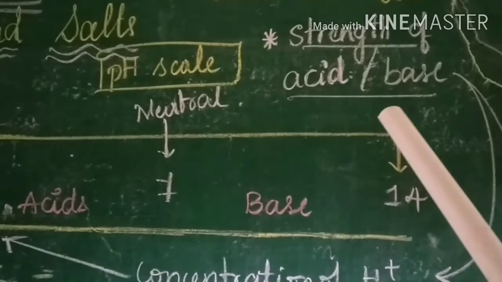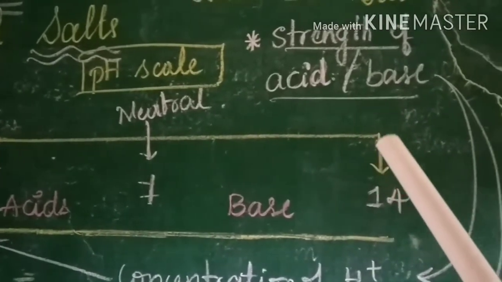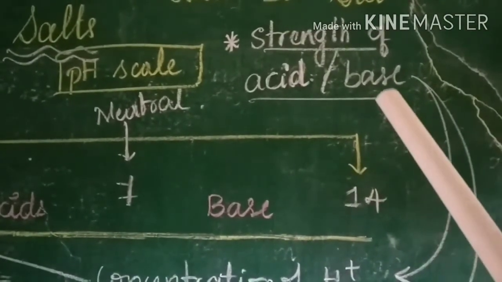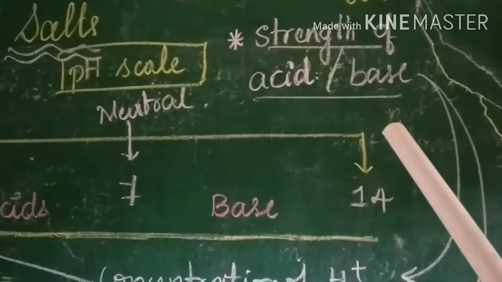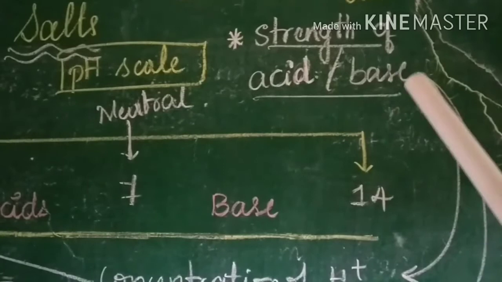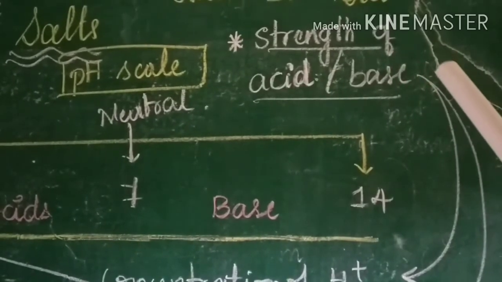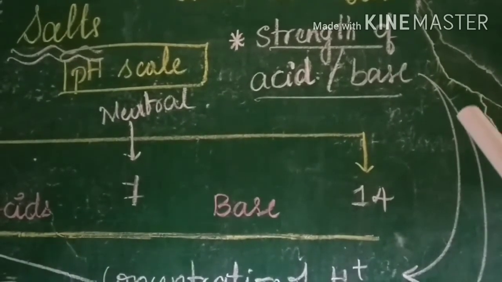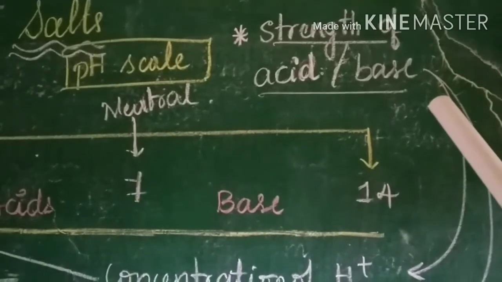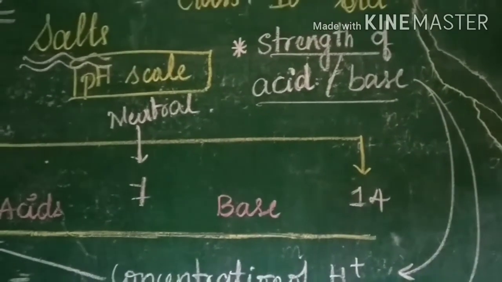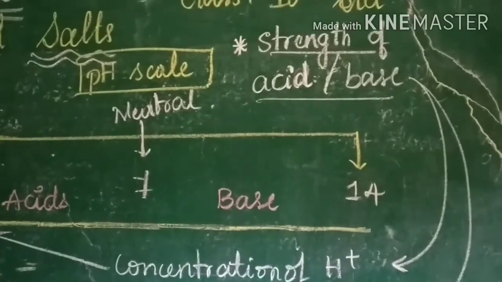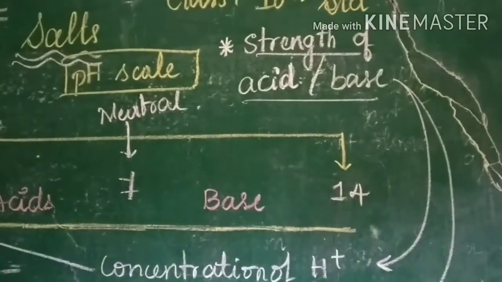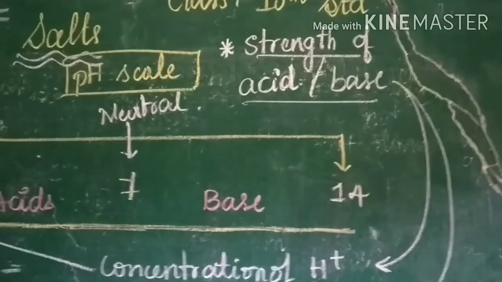Otherwise, it is weak. Similarly for the base. If the production of OH minus ions is more, the base is said to be strong. Otherwise, it is a weak base. The strength of an acid or base depends upon the number of H plus ions and OH minus ions produced in a solution.